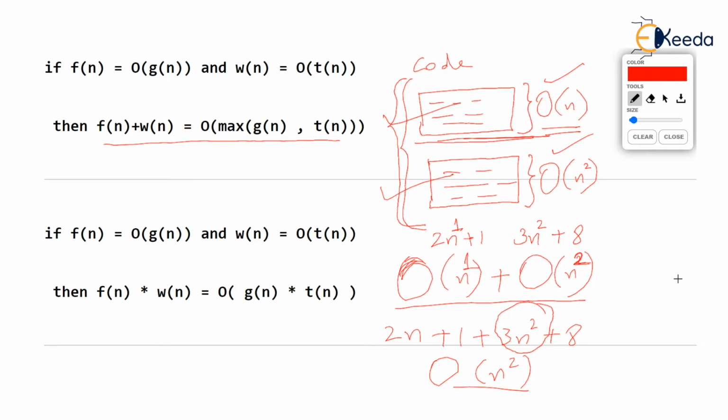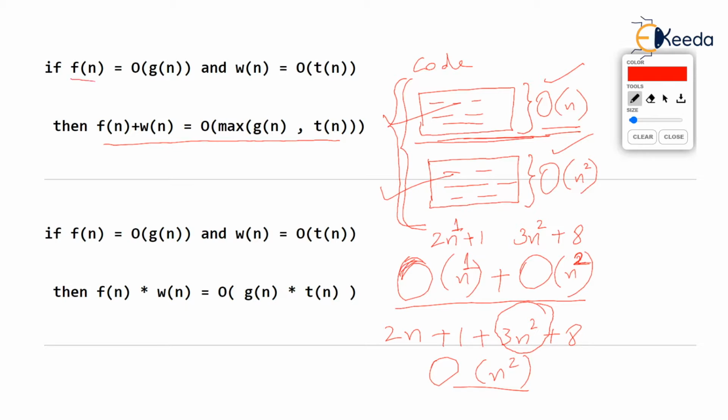When the two O notations get added, then the maximum function should be taken. Obviously, I proved it. If it was 2n plus 1 for the above code and 3n square plus 8 for the below code, when you are adding, the two polynomials will get added and you will obviously get n square as the highest term. So that's what has been written here.